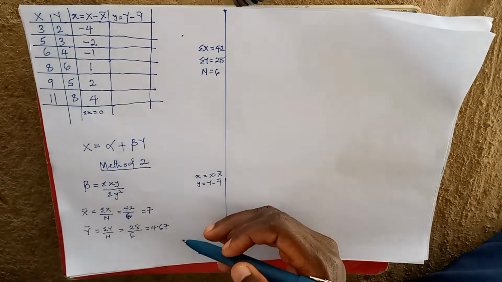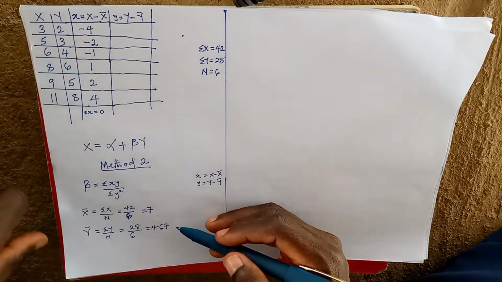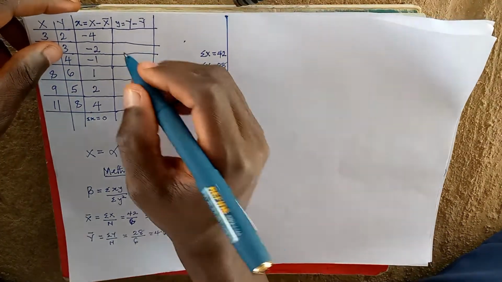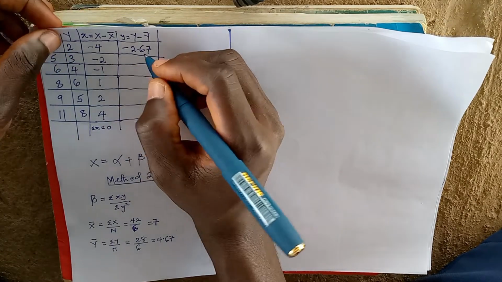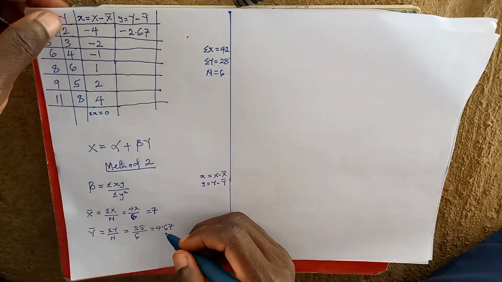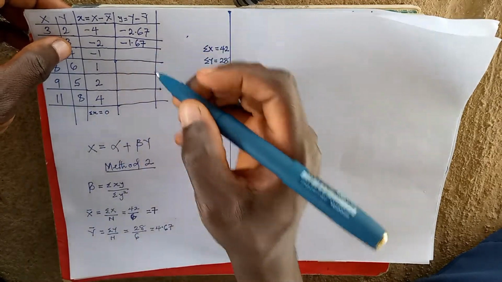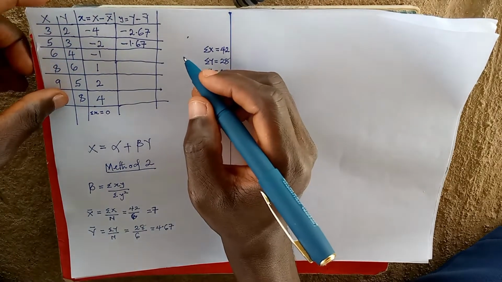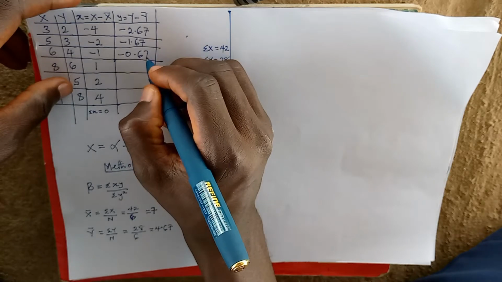Now we're going to subtract each value of y from this 4.67 and see what we're going to have. So 2 minus 4.67 gives us minus 2.67. 3 minus 4.67 gives us minus 1.67. Then minus 0.67.